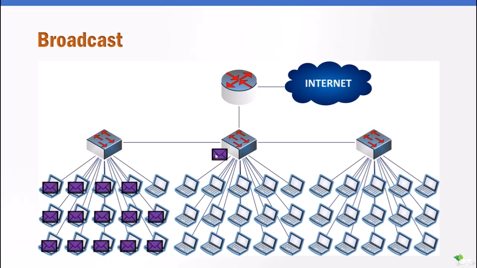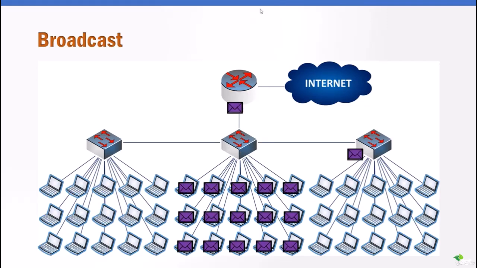Now, the middle switch is also going to forward the packet to all of its ports except back to the port where it received the packet. So this packet is next going to go to the router, the switch to the right, and all of the laptops in the middle switch's network.